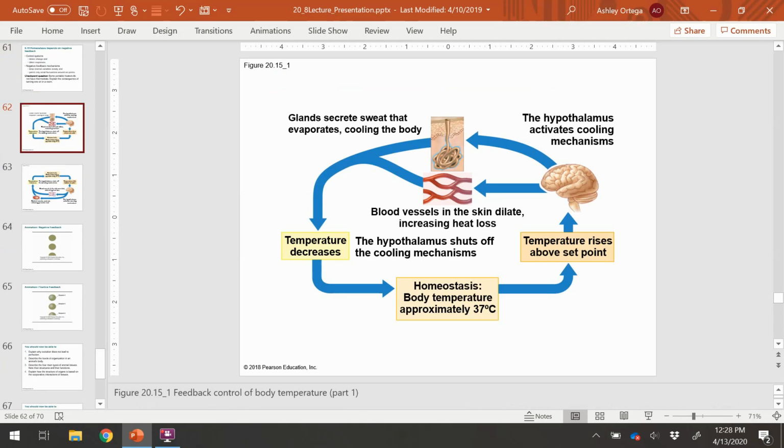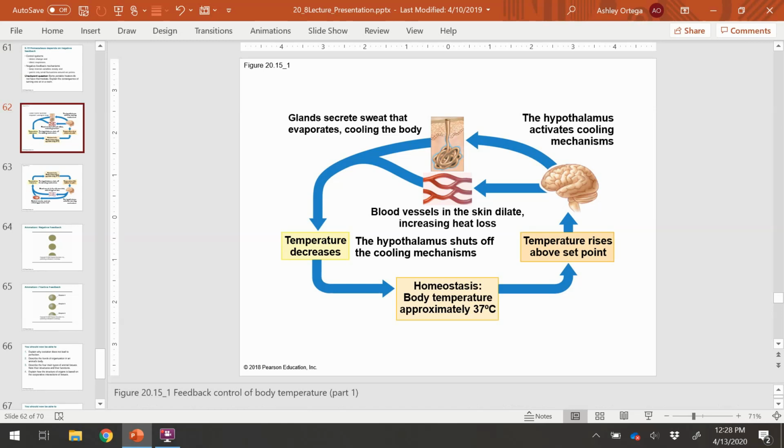So here's the feedback control of body temperature. For homeostasis, the body temperature for humans is about 37 degrees Celsius or 98.6 degrees Fahrenheit. Let's say this person has worked out, and their temperature has risen above that set point, as generating heat causes the body to get warmer.